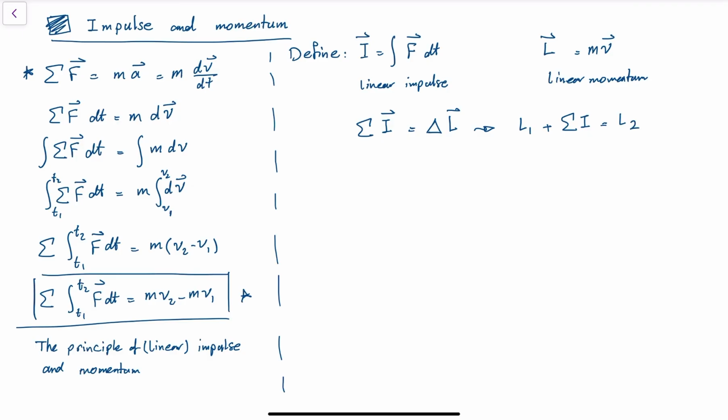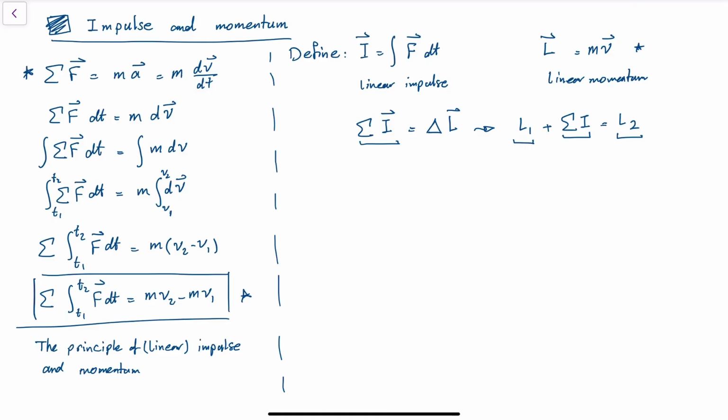What it means is that if I know how much impulse has been applied to a particle over some time range, I can directly calculate how much its momentum changes, momentum being related directly to the velocity and inertia, the mass of the particle.